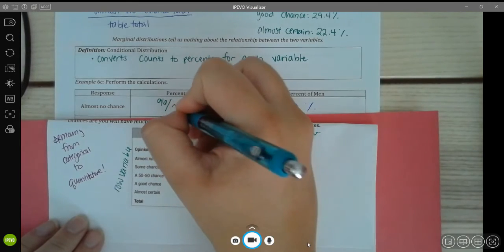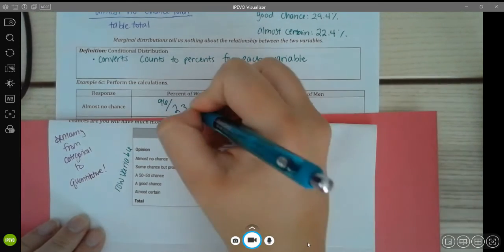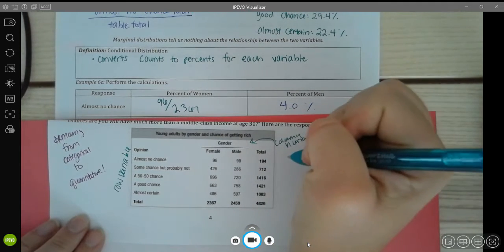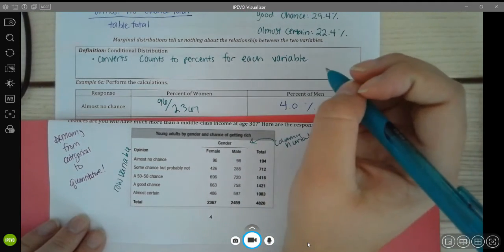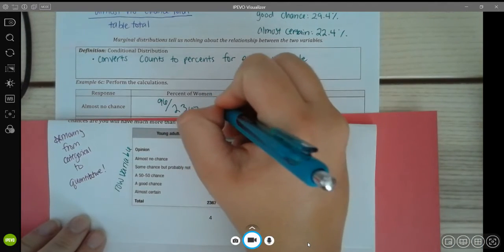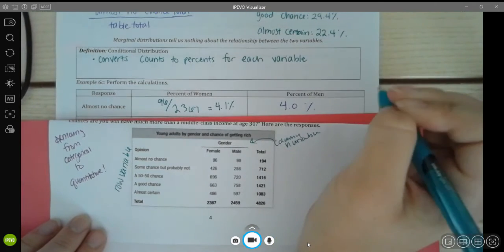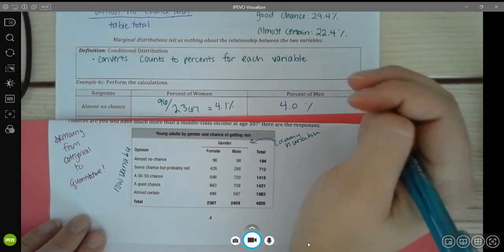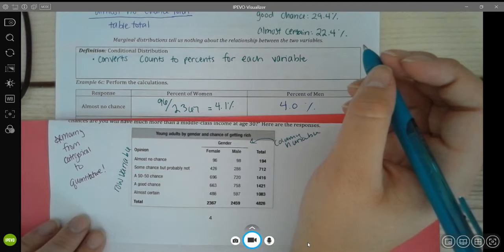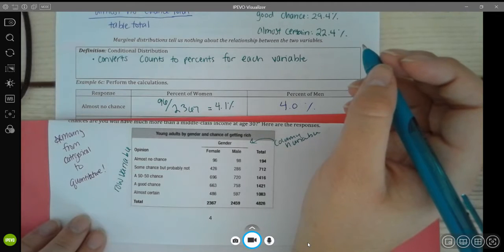So out of the 2,367 females, don't care anything about what the males said. All we care about is what the females said. And if you divide that out, it's about 4.1% of women who said they have almost no chance of achieving a middle class income at age 30.